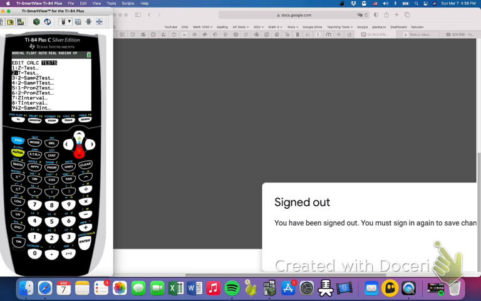So we're not using two sample t-tests. We're using one t-test because we have just calculated our data as the difference between the caffeine and the placebo. So t-test, and we're not using stats. We're using data, right? And the data is already in list one, right here.